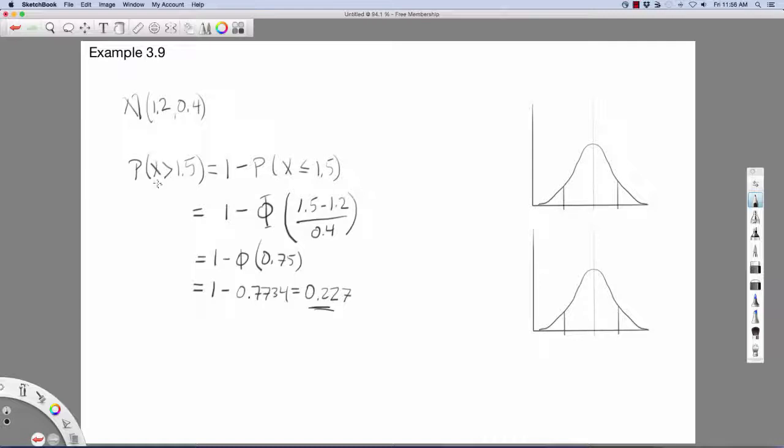Recall, x being greater than 1.5. If this is a sketch of a standard distribution, with 1.5 out here, what we're asking for is the probability that x is greater than 1.5, which is the area here.